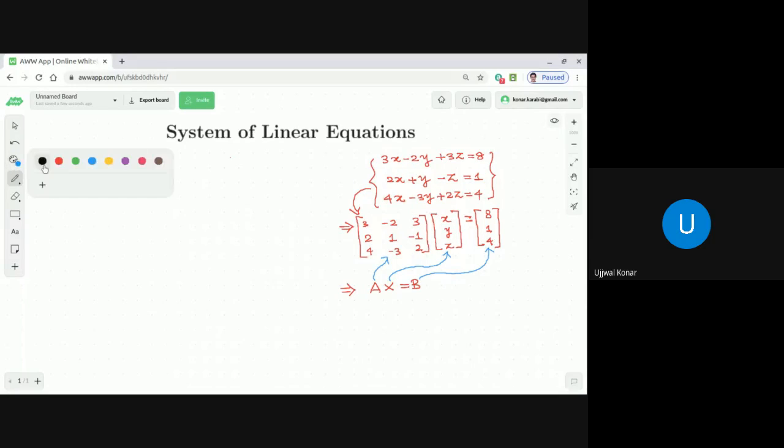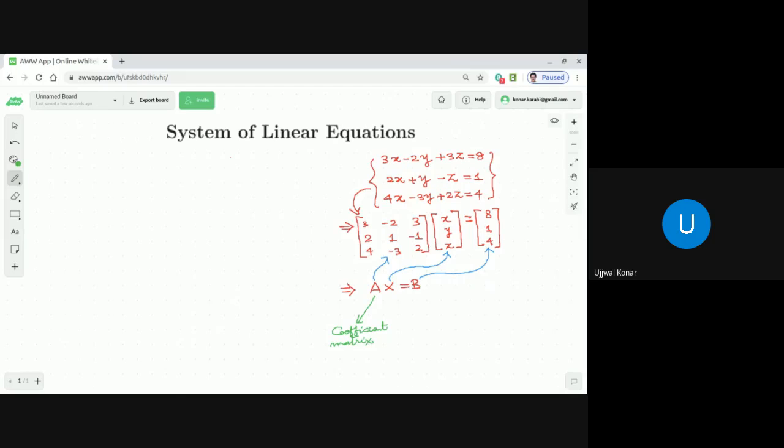This matrix A is known as the coefficient matrix. Why is it called the coefficient matrix? Because it consists of all the coefficients of the unknowns x, y, z.